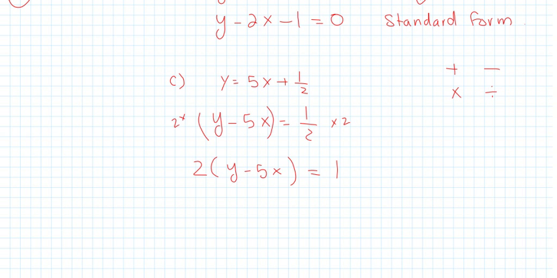Now, if I'm multiplying this whole thing by 2, how can I simplify that? I can remove the bracket. I don't want to divide, because if I divide, I go back to the previous step, which is not what I want. How can I get rid of this bracket? What did we learn about the combos?